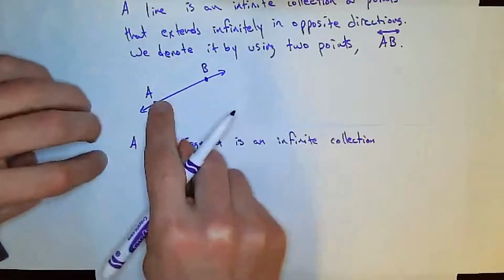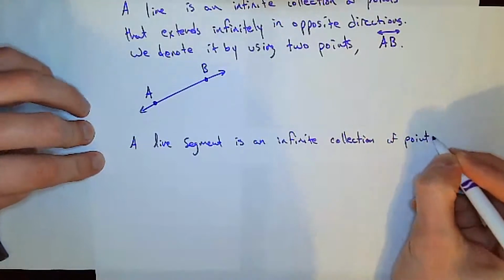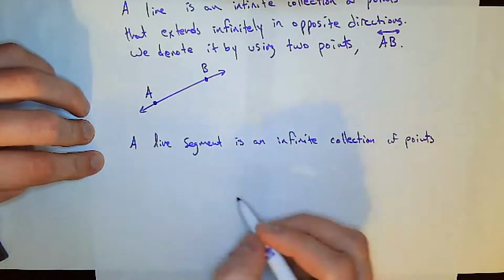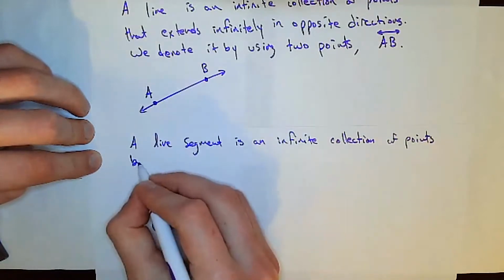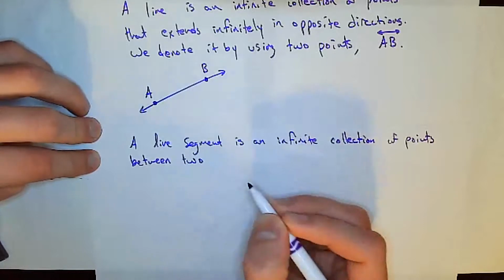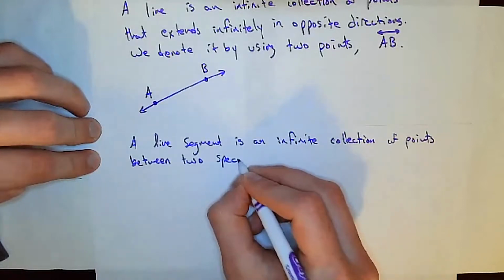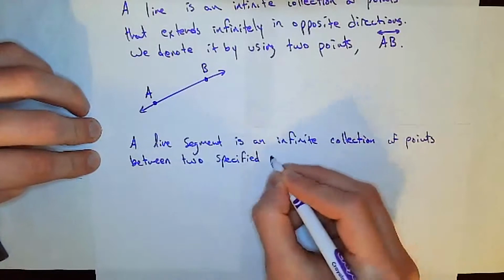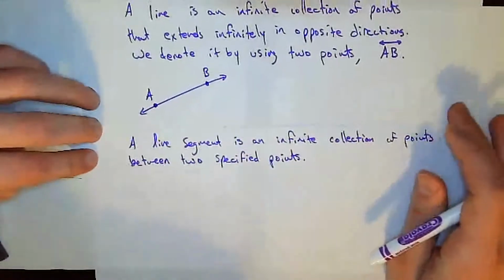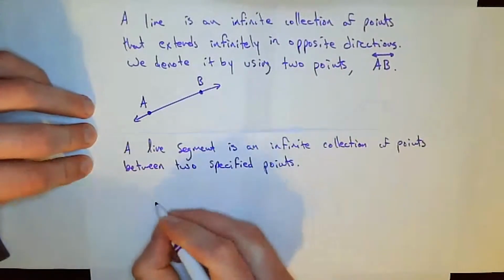No matter how much you zoom in, there's going to be infinitely many points between two specified points. And how does that differ from a line? Well, it doesn't extend infinitely in both directions.